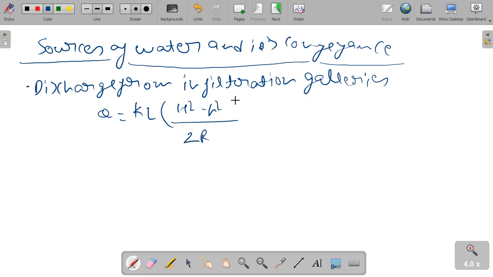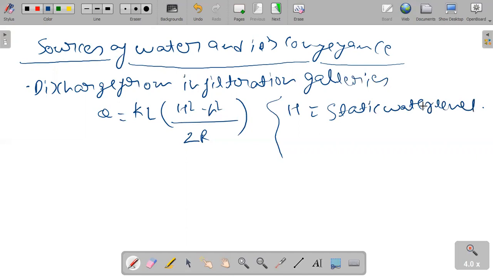Basically here, capital H is the static water level, and small h is the depth of water. So this is the discharge from infiltration galleries formula.